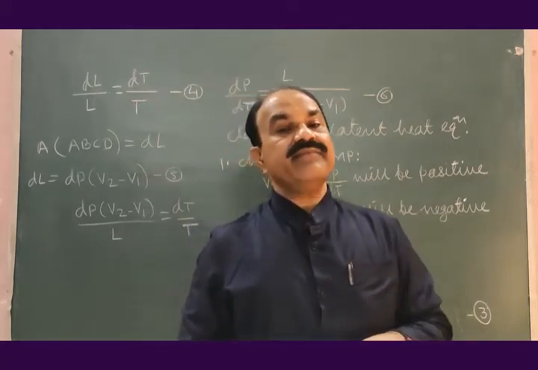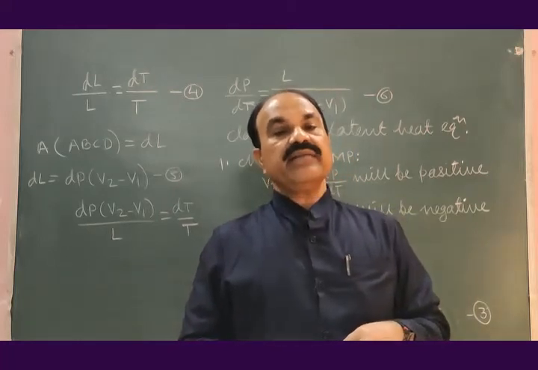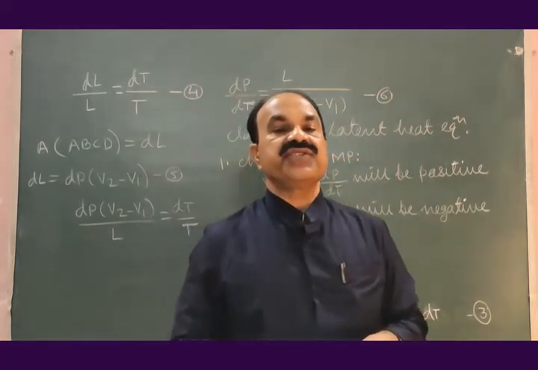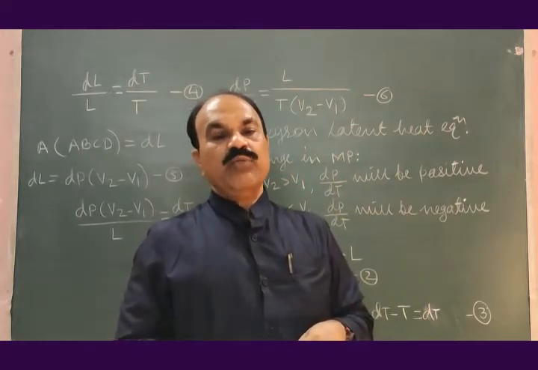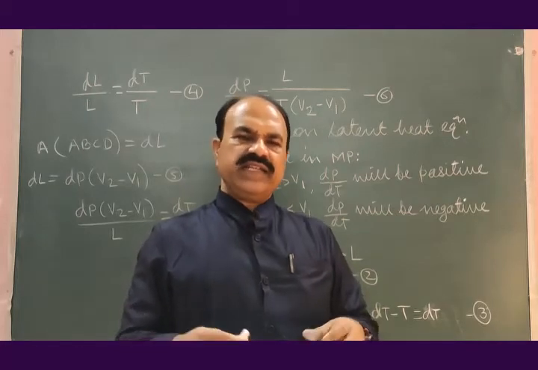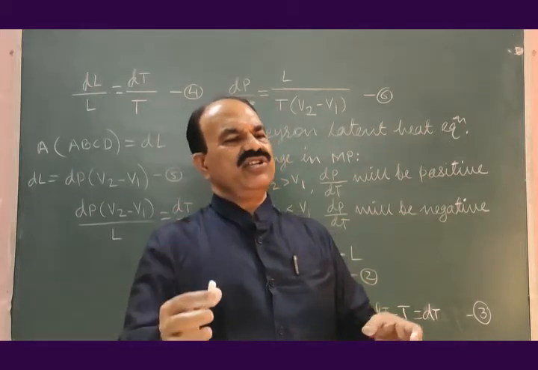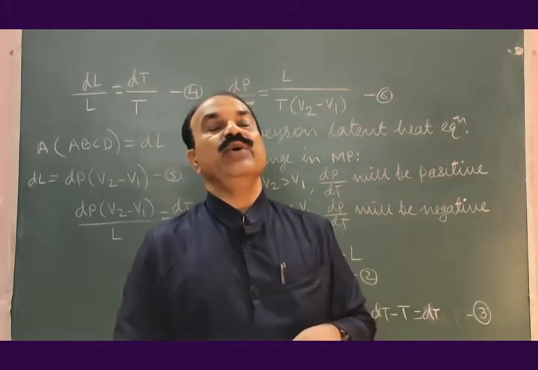When ice melts, compare the volume of ice and water. Volume of ice is larger. Let us take 1 kg of water and 1 kg of ice. Compare their volume.